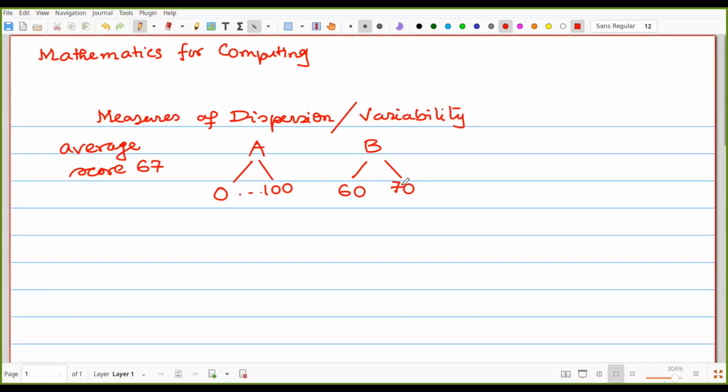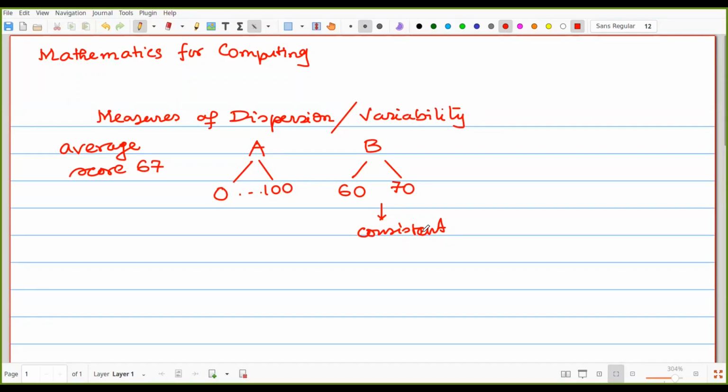So when both have the same average, whom would you prefer? Practically, we prefer B, because we think B is more consistent. So it is not true that the measures of central tendency always give us the better result. That's why the measures of dispersion or the measures of variability have come into mind.